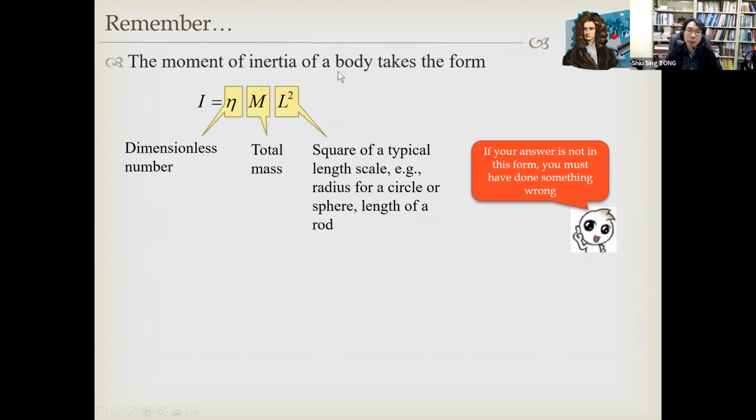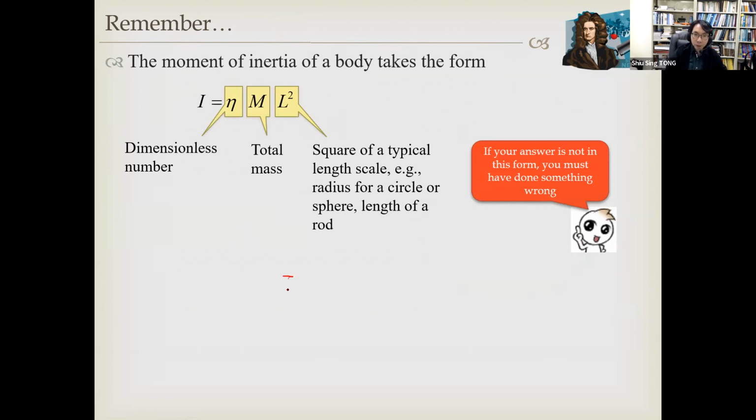Now remember, the moment of inertia of a body always takes this form, because the dimension of the moment of inertia is the mass multiplied by the length squared. Because I have a summation, right?